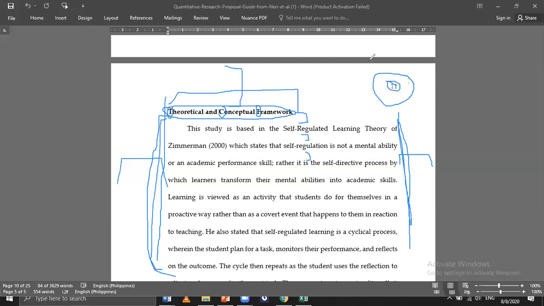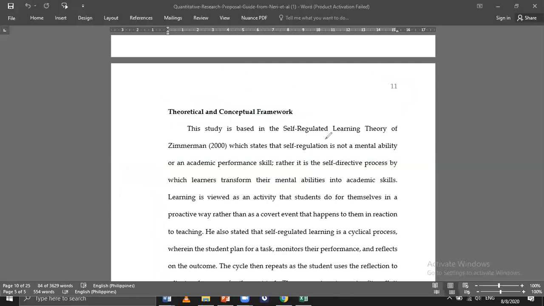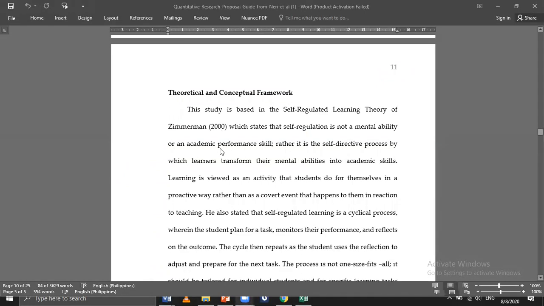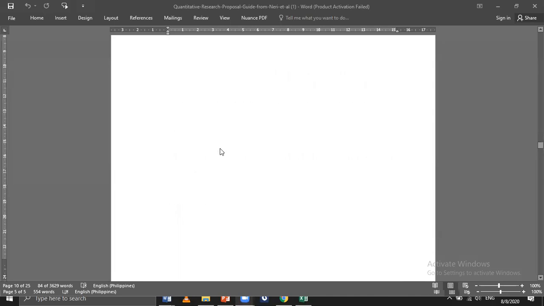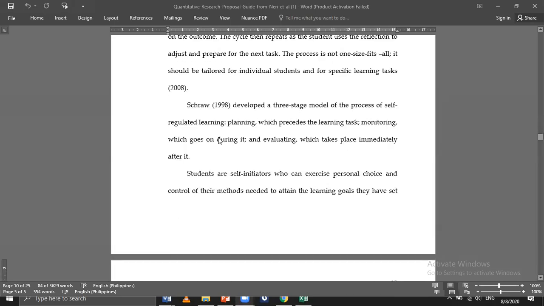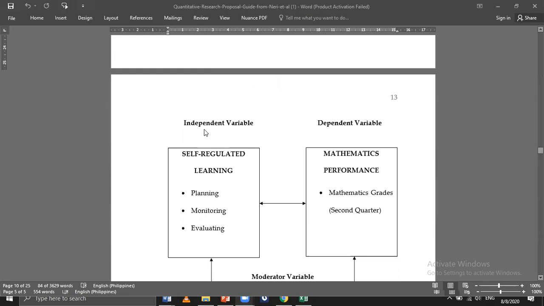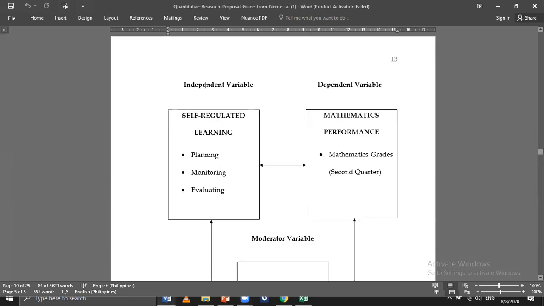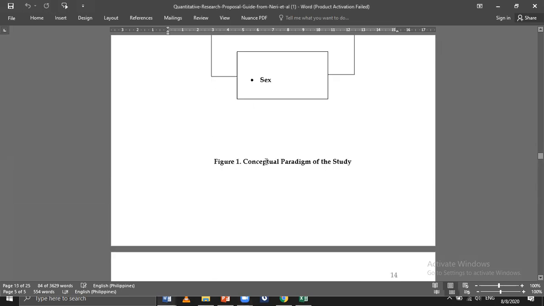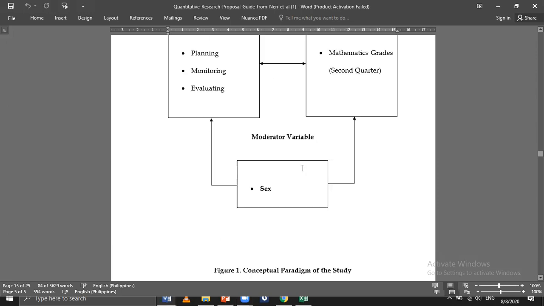Okay, let's erase those. Clear all drawings. Remember your theoretical and conceptual framework, because it is reflected on this paradigm, what we call the conceptual paradigm of the study.